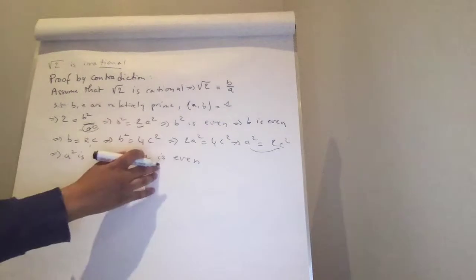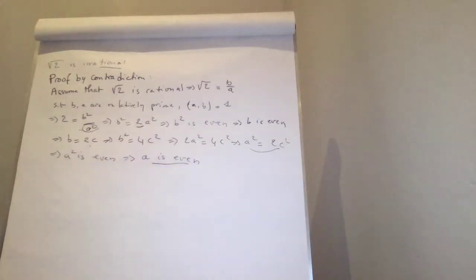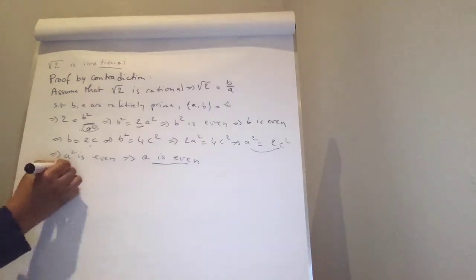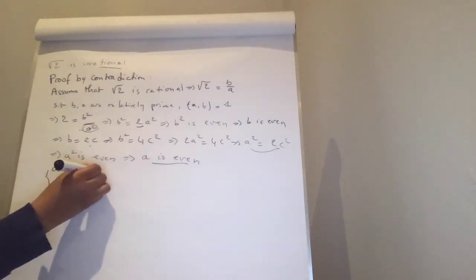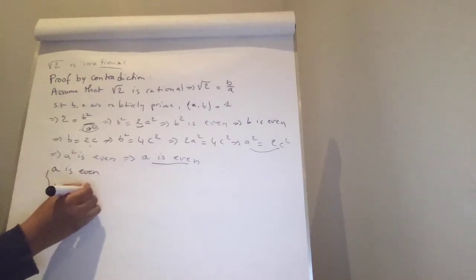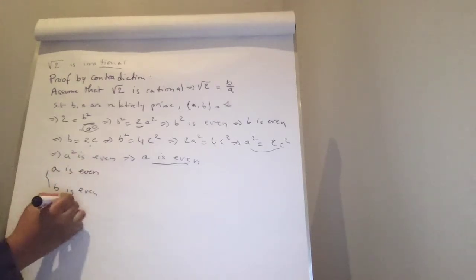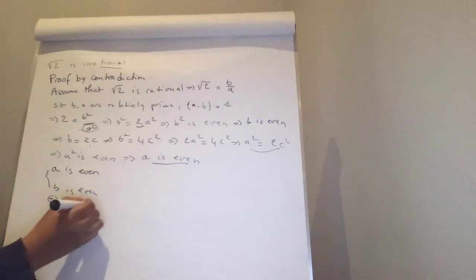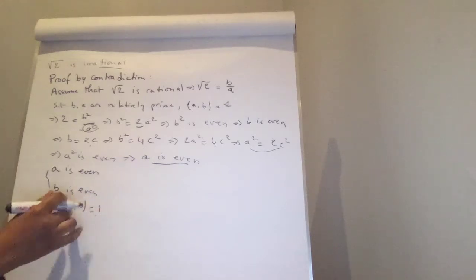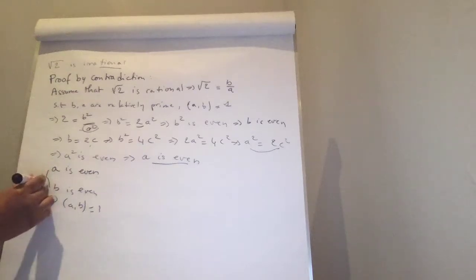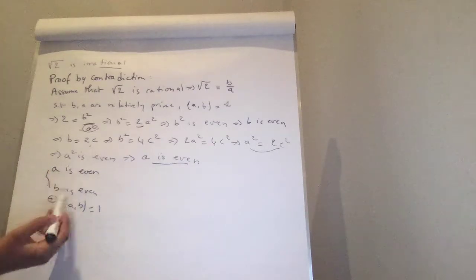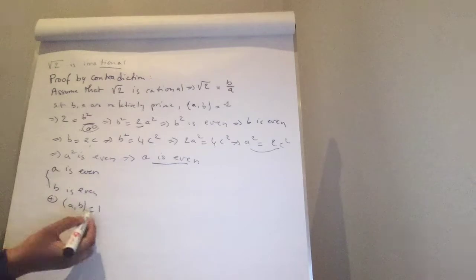And since a is even here, that means that we have two numbers, a and b, where a is even and b is even. Plus we have that the GCD of a and b is equal to 1, that a and b are relatively prime. And this is impossible, because if both are even, that means that they are both divisible by 2, which is a contradiction.